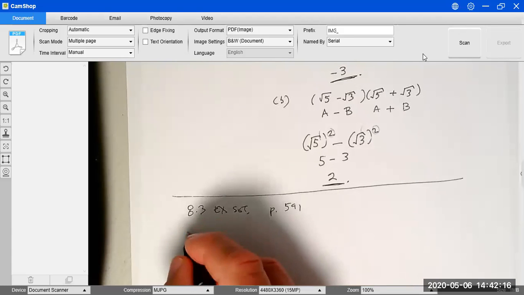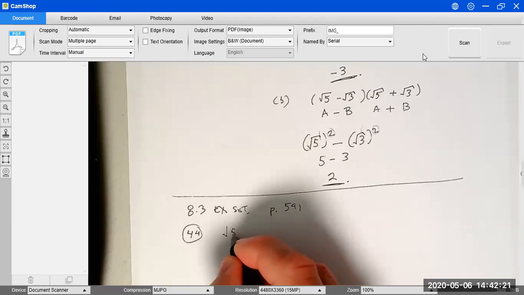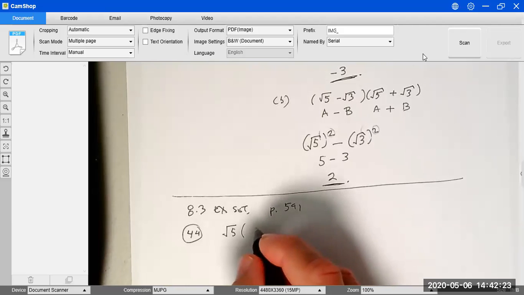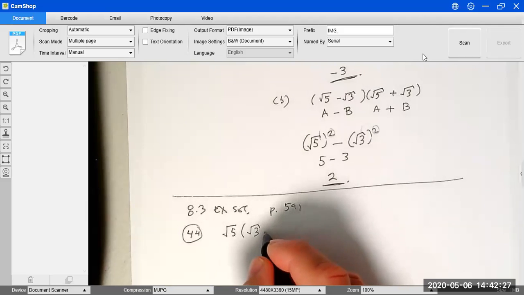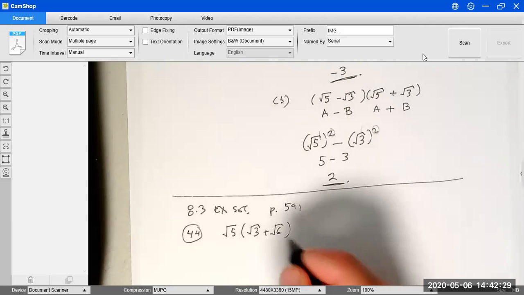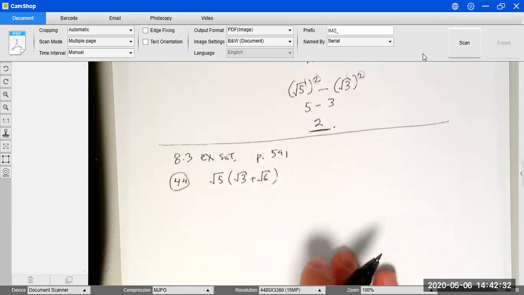So you have to work 44, radical 5 multiplying radical 3 plus radical 6, so that's 44.